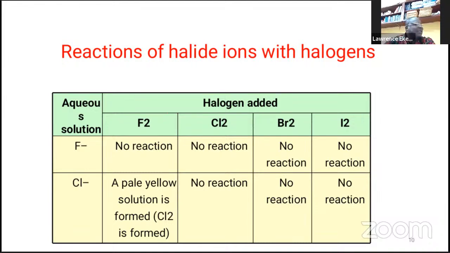Okay, the last three letters will be changed to IDE, so instead of fluorine, we say fluoride ion. So you should be able to differentiate between ions and the atoms that make up the molecule.